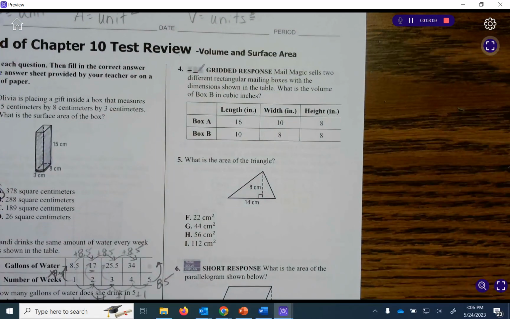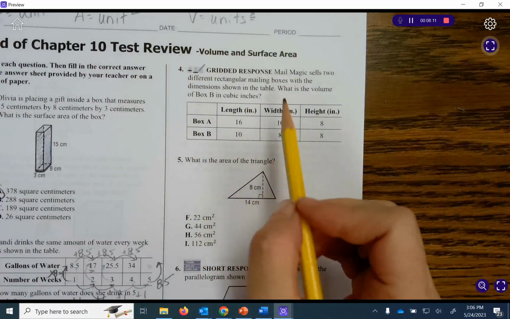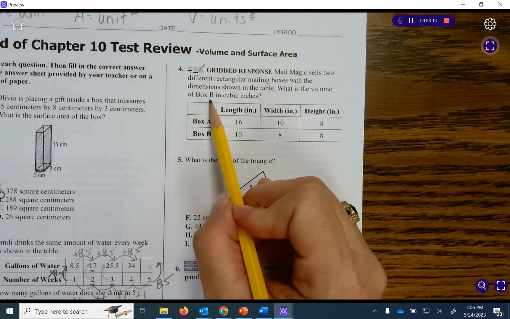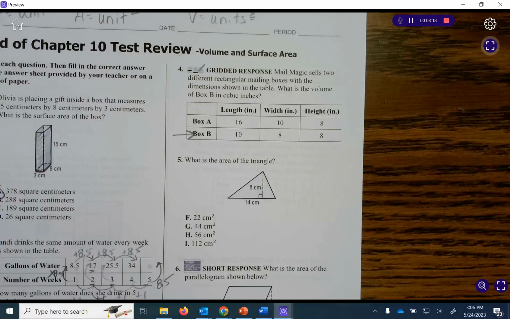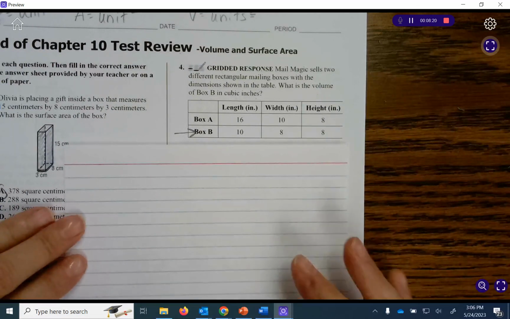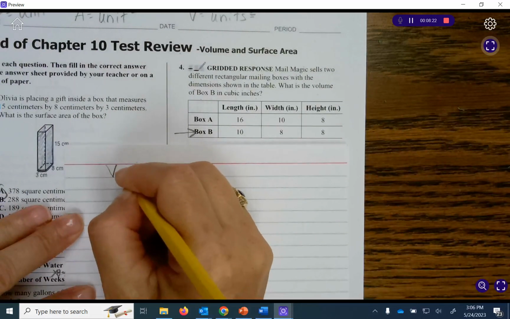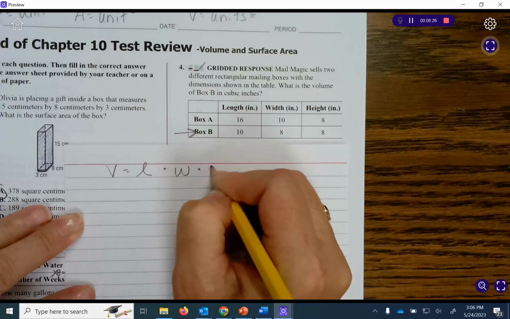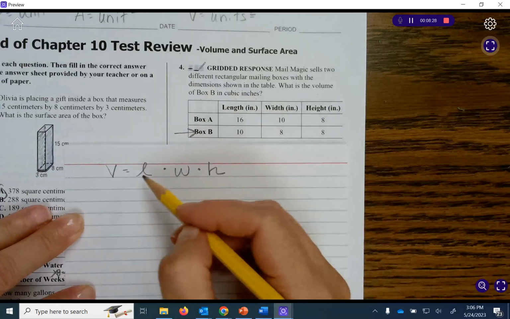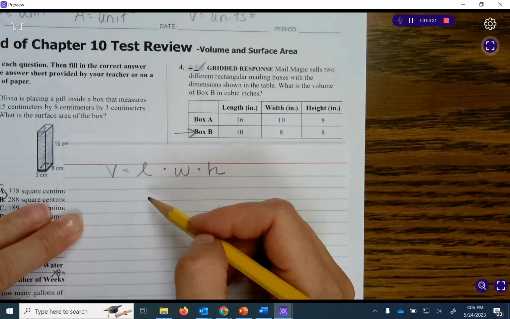So she wants to find the volume of box B in cubic inches. Well, box B is here, and volume equals length times width times height. I do use a cursive L because I don't want it to look like the number 1.